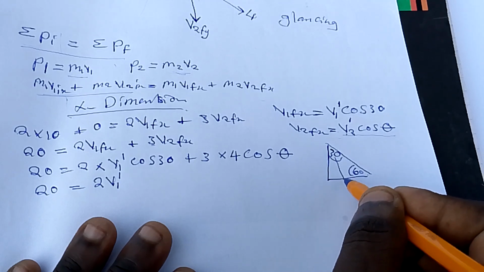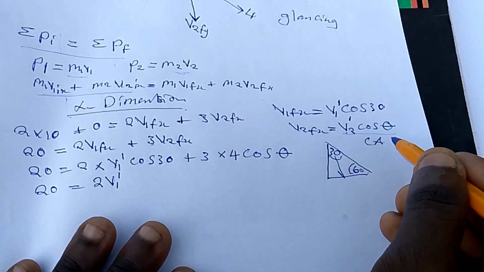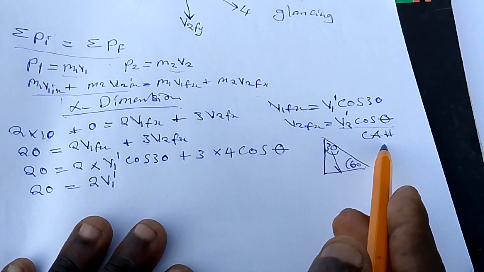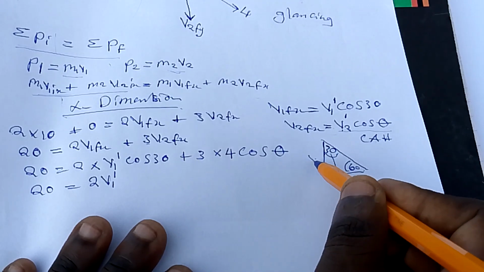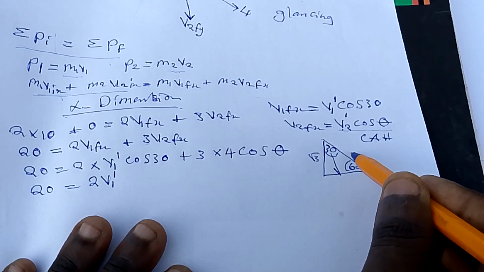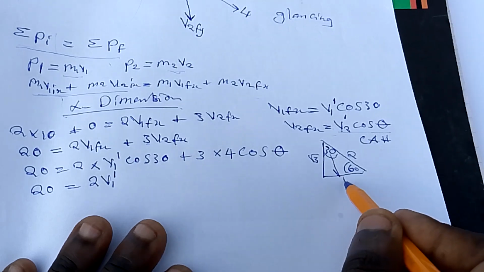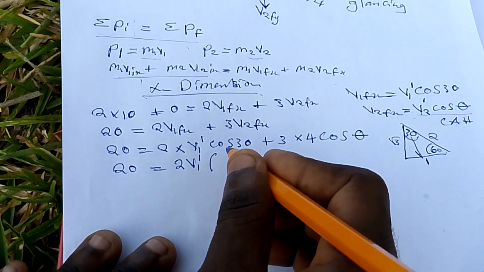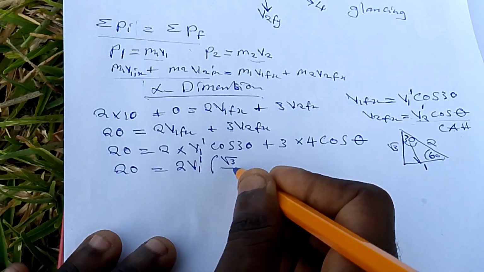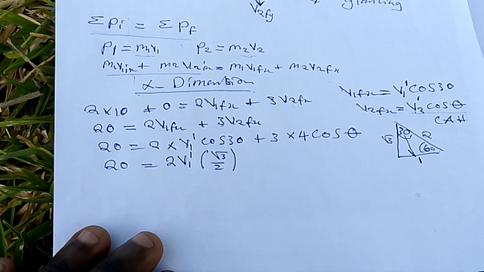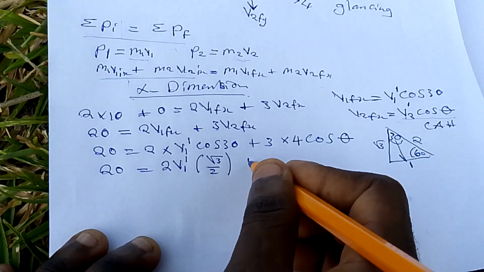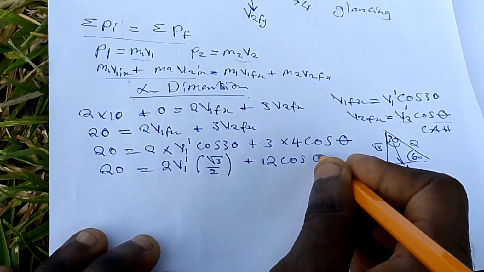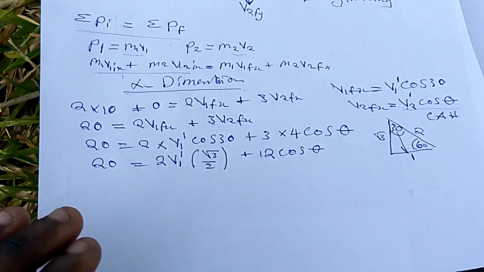So you are standing here, so cos is adjacent over hypotenuse. So what is cos 30? It's adjacent, which is the square root of 3, over hypotenuse, which is 2. Here it's 1, if you get. So cos 30 simply means square root of 3 divided by 2. That is cos 30. So plus 3 times 4, we are going to have 12 cos theta, which we are looking for.